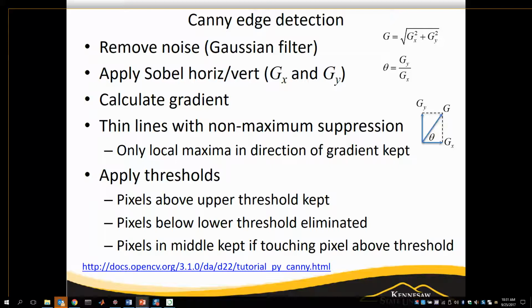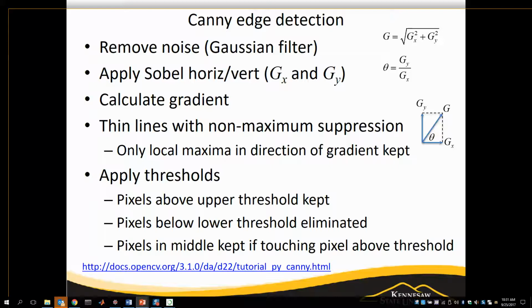Okay? Now, there's also this lower threshold. Okay? And this builds sort of a no man's land. Anything that's above the top threshold is automatically an edge. Anything that's below the lower threshold is automatically not an edge. Anything in between is considered an edge only if it's touching an edge that is above the threshold.